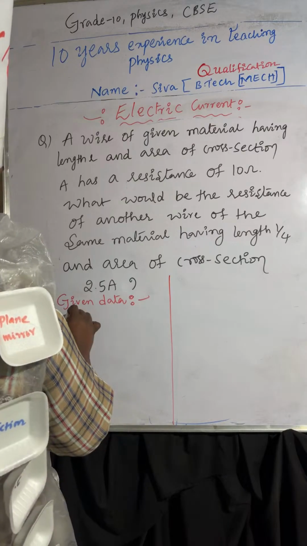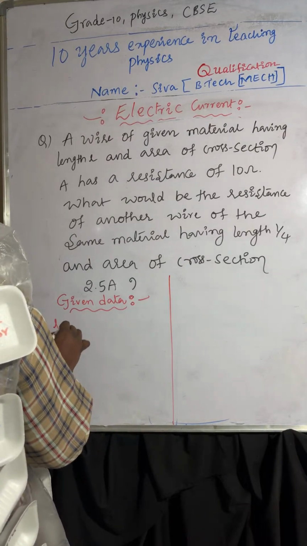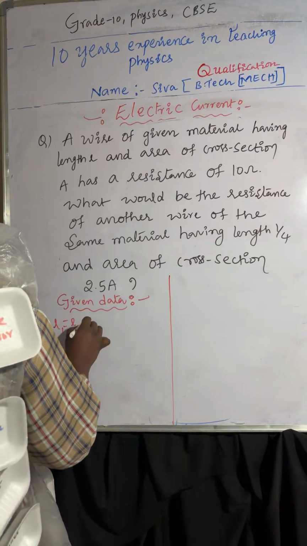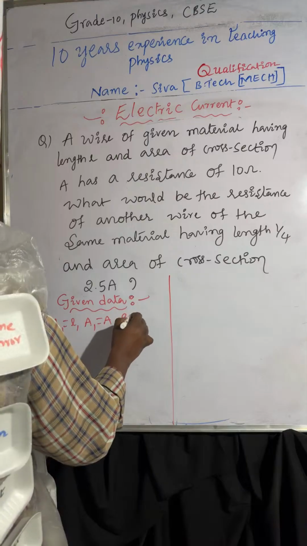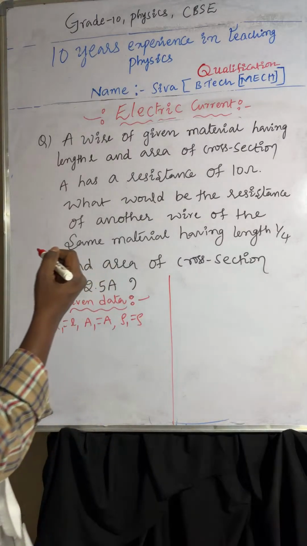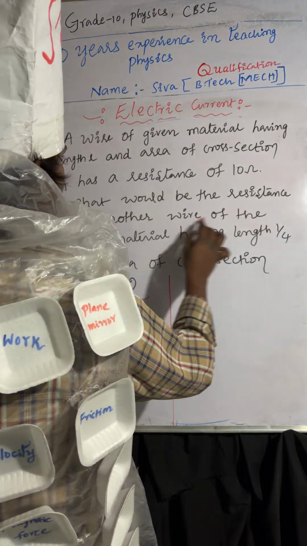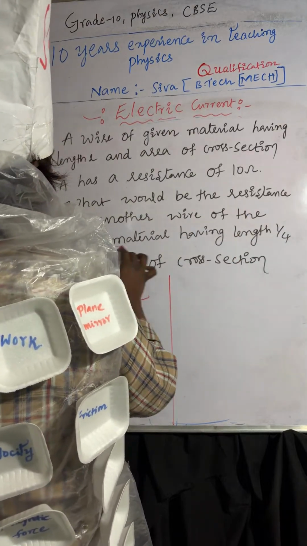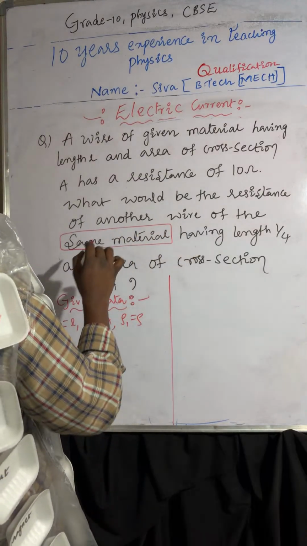So the first one is L1 equal to L, A1 equal to A, rho 1 equal to rho, because they mentioned the resistance of another wire of the same material. So you have to observe here, same material.